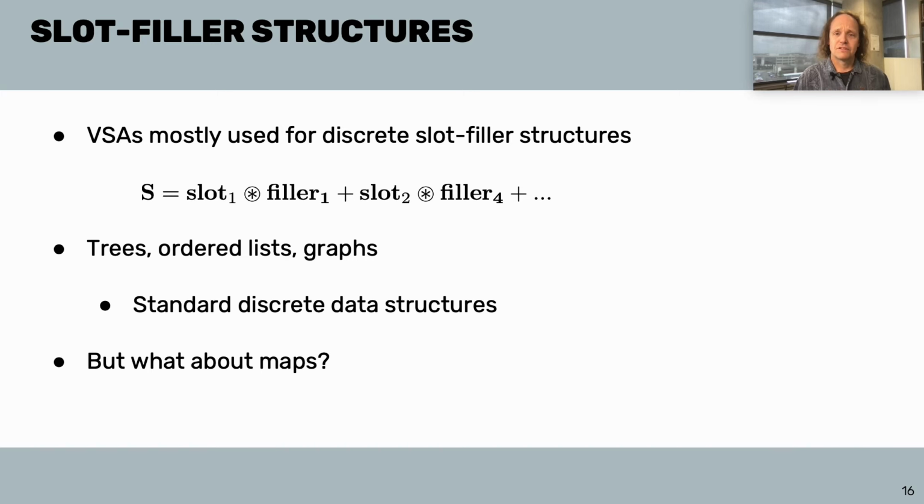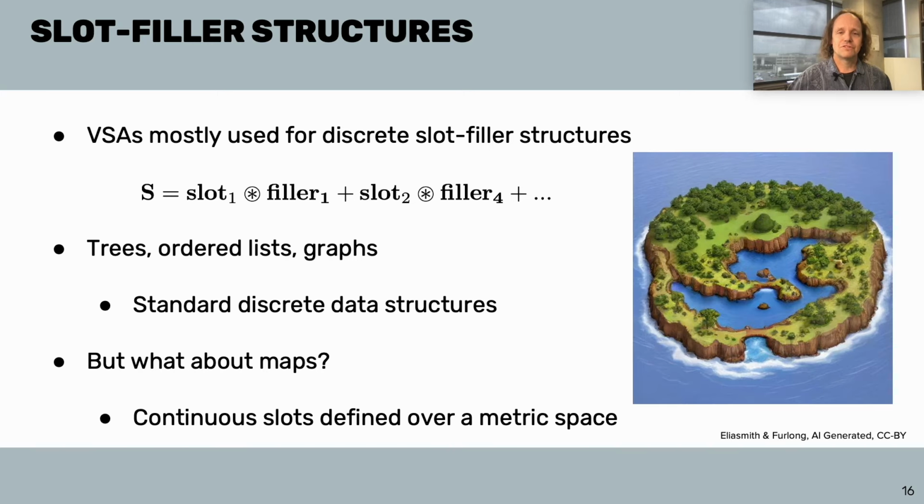In this instance, we don't have discrete slots, but instead we have something like continuous slots that are defined over a metric space. So in this island picture on the right-hand side, any point over that space could have a feature of interest. Maybe it's a hill or a lake or a house or what have you. So the question I want to turn to now is, how can we build structured representations that have continuous slots?